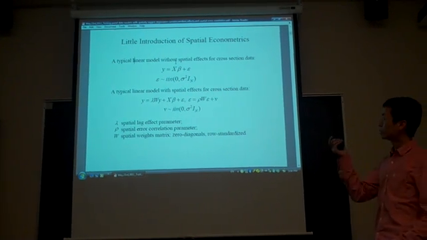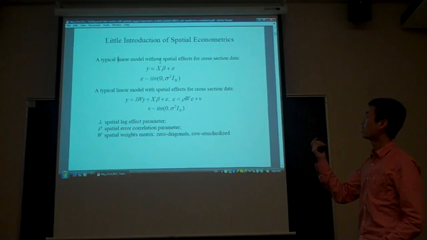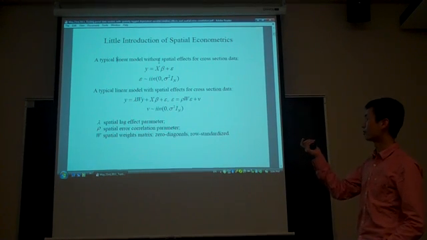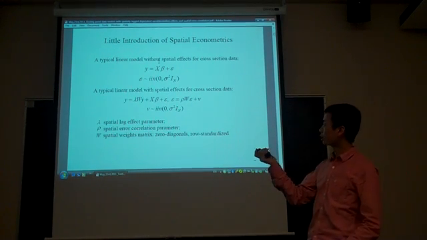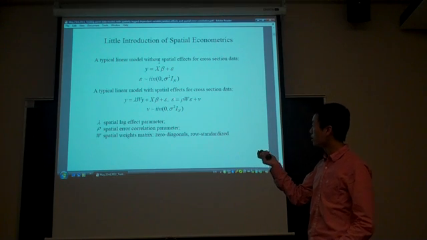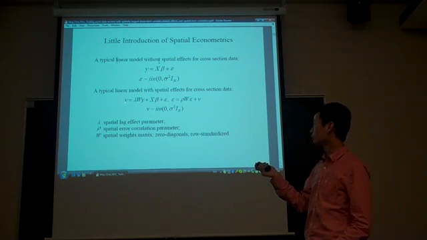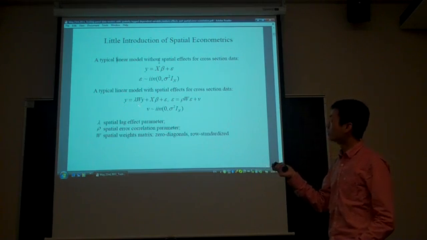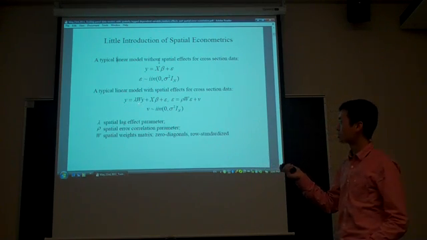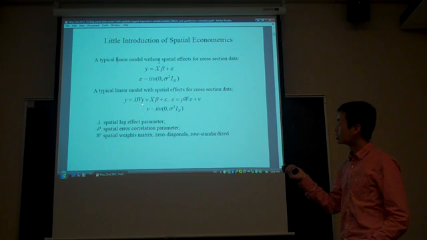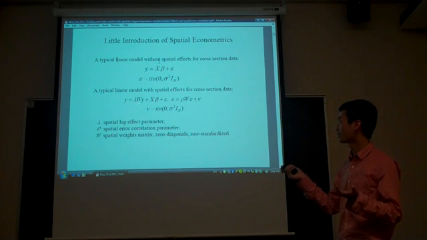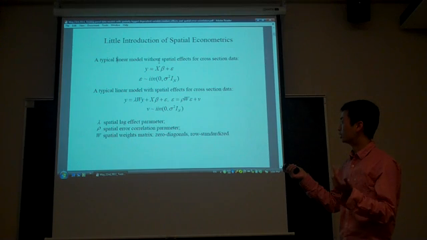For example, we have a typical linear model without spatial effects, which we are very familiar with. And we can also have a linear model with spatial effects, where the dependent variable y is a vector and is spatially correlated, which is captured by this spatial weight matrix as well as the lambda here, a parameter representing the magnitude or extent of the spatial dependence.